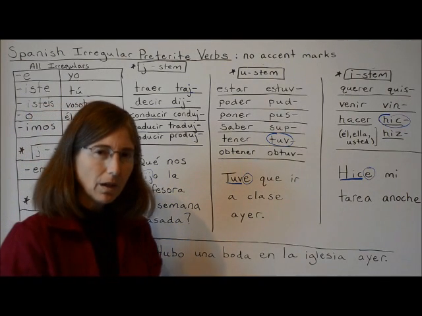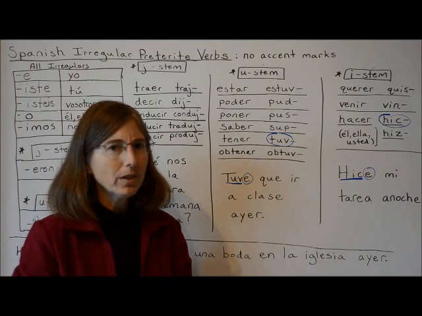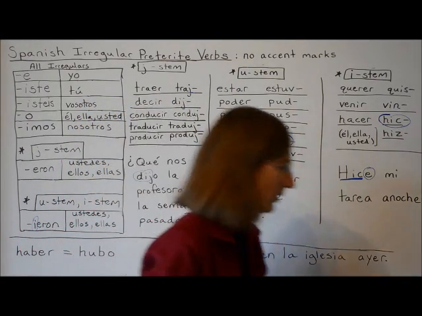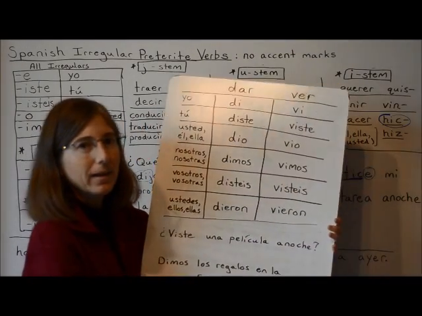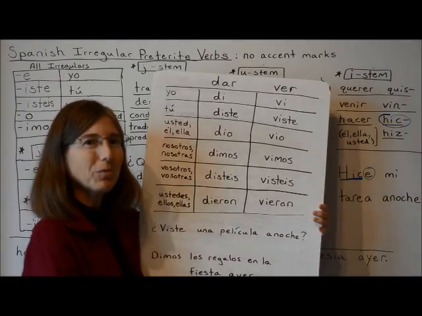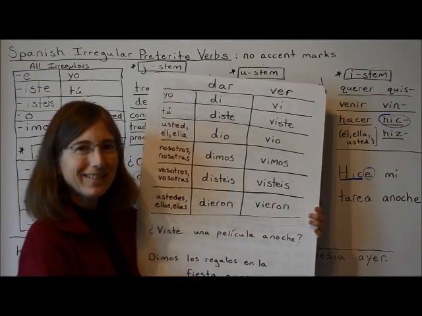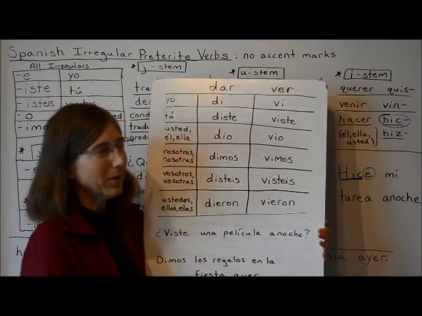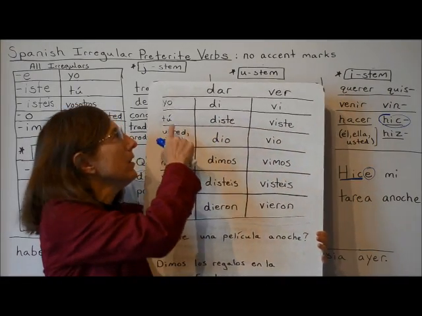Now, there are a couple of other irregular preterite tense verbs, ver and dar, and I'm going to show you the conjugations for these two verbs. Dar and ver, just like the other preterite tense verbs, have no accent marks. And actually they're conjugated exactly the same way, except dar begins with a D and ver begins with the letter V. So for the yo form we have di or vi.